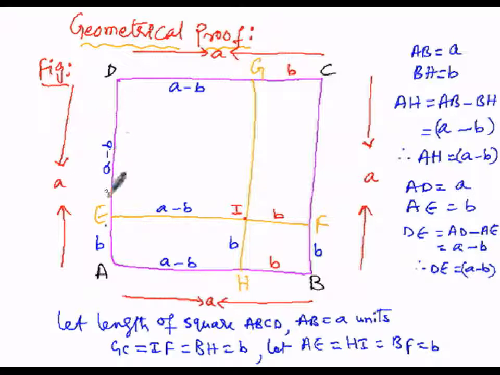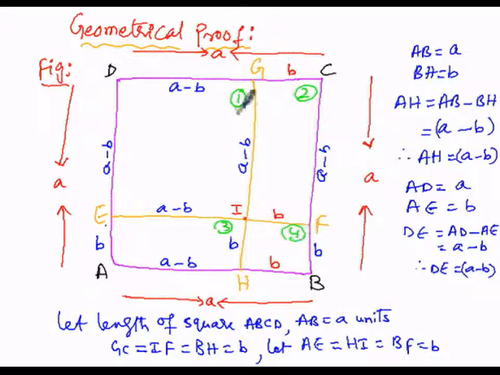Since DE is opposite to GI, the length of GI also will be A minus B units, and similarly CF will also be A minus B units. Now by observing the figure, that is figure number 1, figure number 2, figure number 3 and figure number 4.